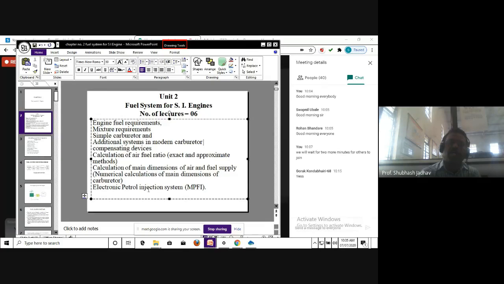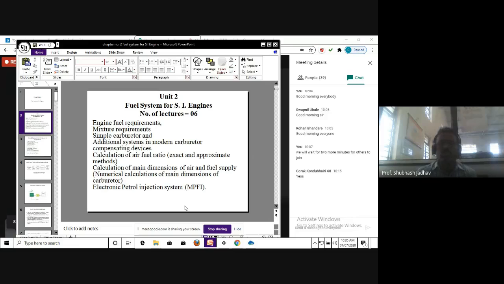Finally, we will be discussing the MPFI system, that is the multi-point fuel injection system, which is the recent trend in petrol engines. Nowadays many vehicles use MPFI type engines, that is, these vehicles use injectors instead of a carburetor. This petrol injection type of system, which we call MPFI, or multi-point fuel injection system, or electronic petrol injection system, we will be discussing.